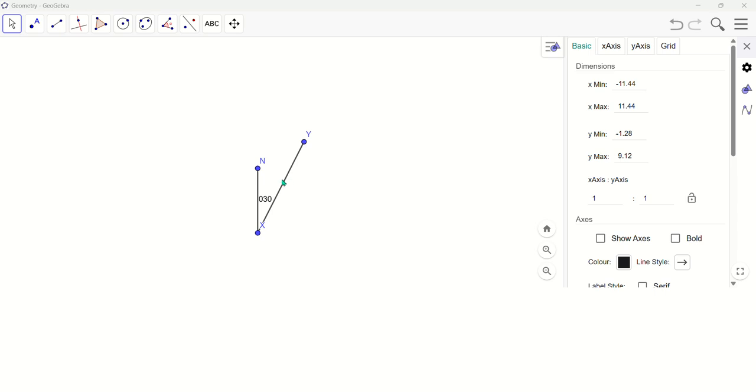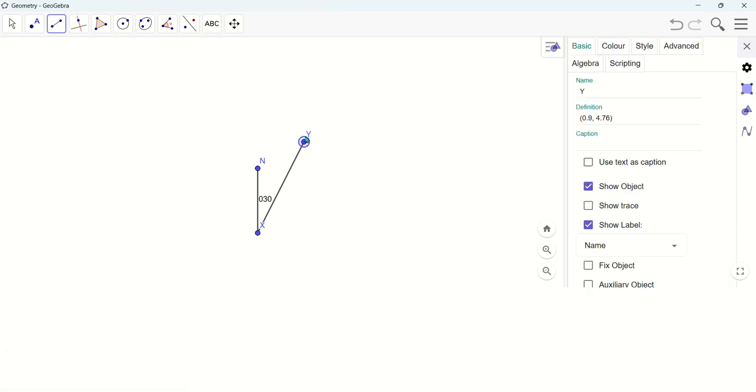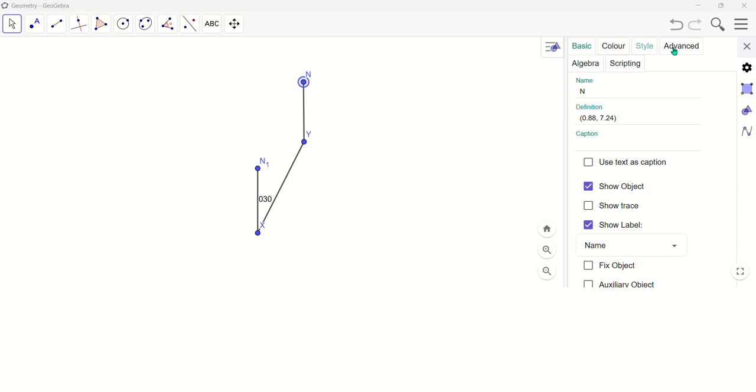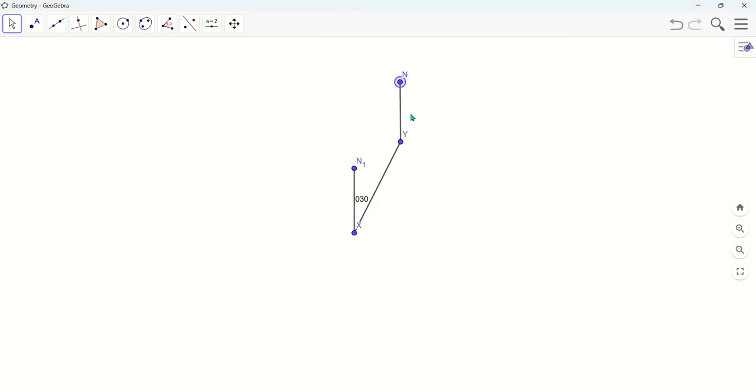Now we're going to check from Y. It then flies on a bearing of 150. Let's start from Y. Always with true bearings, we make an N, so the north. And then we check for 150 degrees, on a bearing of 150 degrees for 25 kilometers.